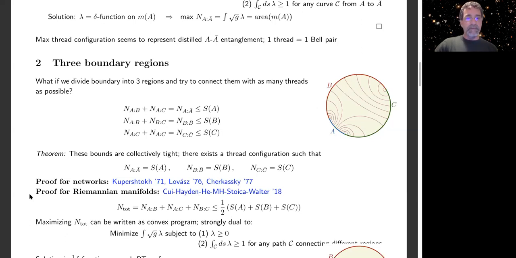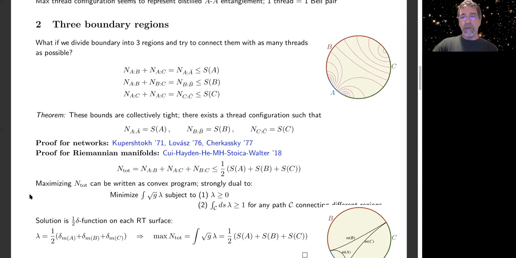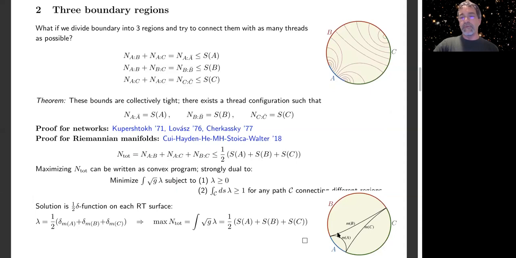So the answer is that you build a wall of height 1/2 on the minimal surface connecting each of these. So you have a half delta function on the A minimal surface, a half delta function on the B one, and a half delta function on the C one. Okay, and then that shows that the maximum total number of threads is equal to half of the sum of these entropies, and that implies that all 3 of these inequalities are saturated.